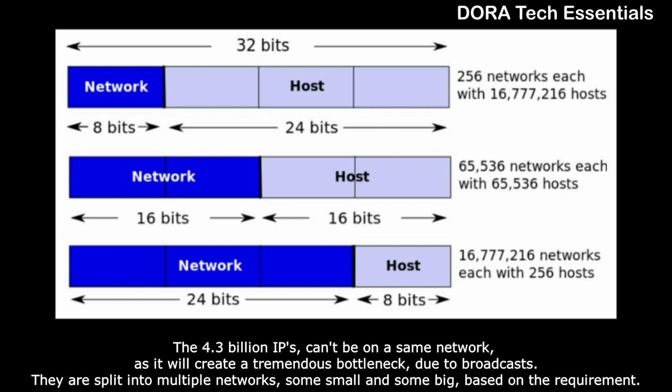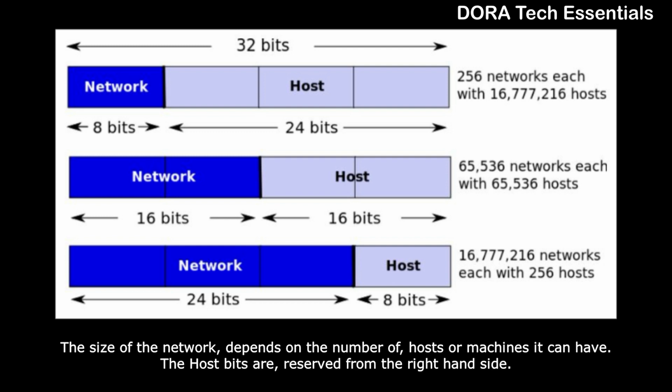They are split into multiple networks, some small and some big, based on the requirement. The size of the network depends on the number of hosts or machines it can have.